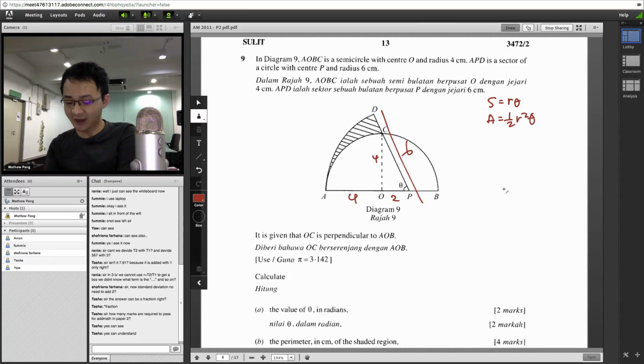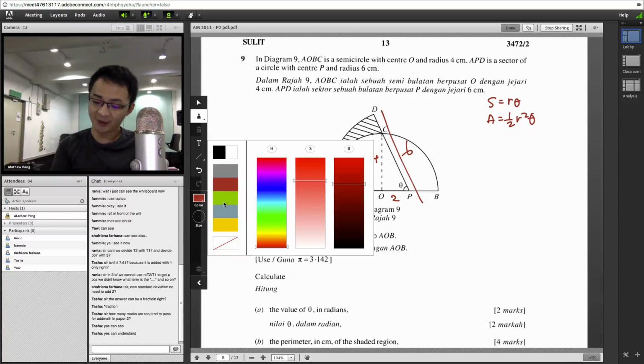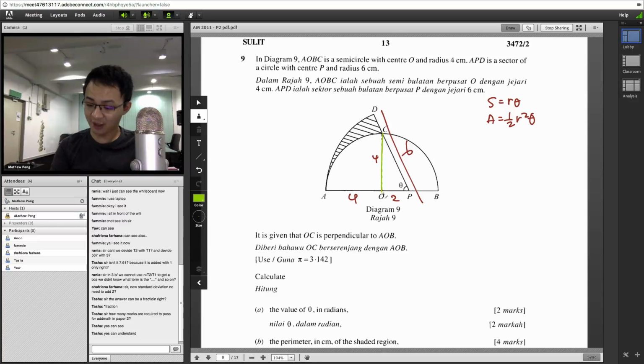Find the value of delta in radians. Basically we need to solve this triangle. I hope you see a right angle triangle here. So I will solve from the triangle to find my radian.